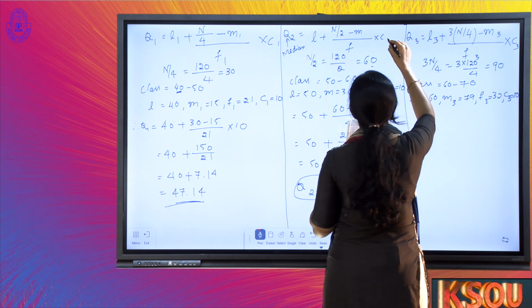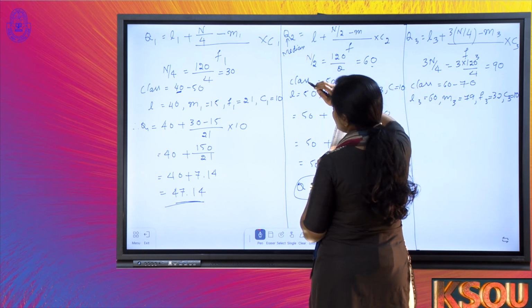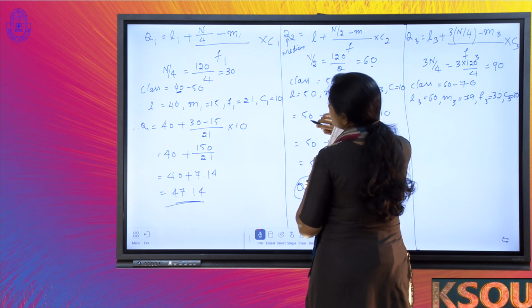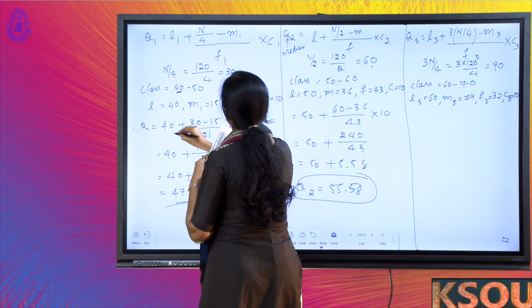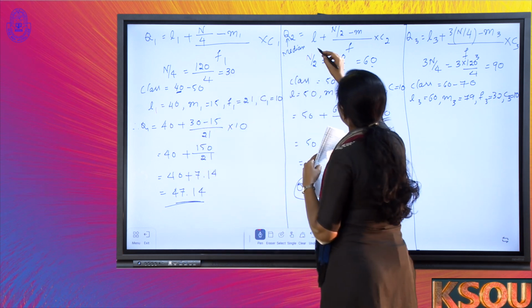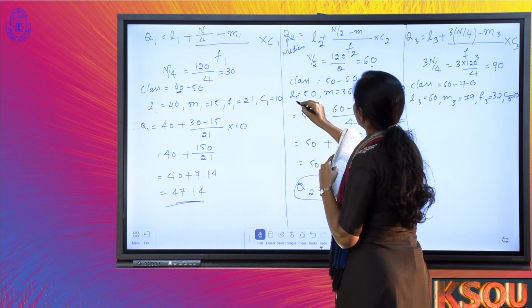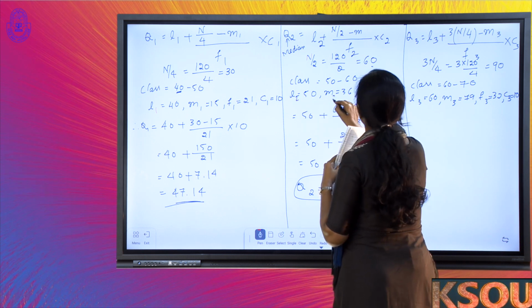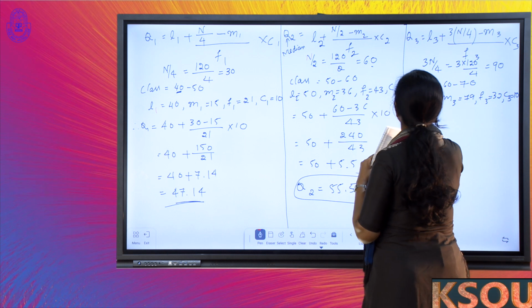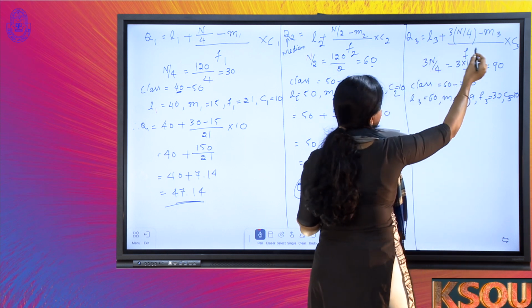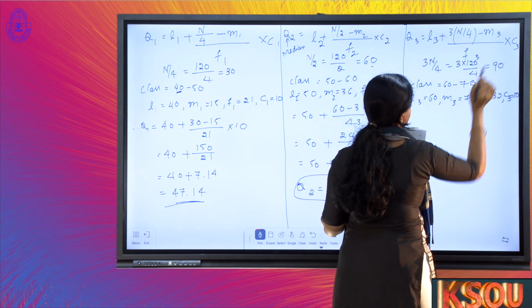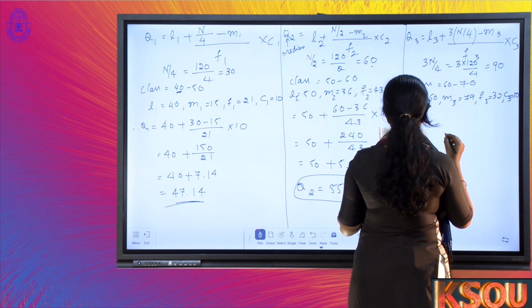So, here it is L1, M1, F1, C1 for Q1. Then for Q2, L2, M2, F2, C2. And for Q3, L3, M3, F3, C3, like that you will have to take here.